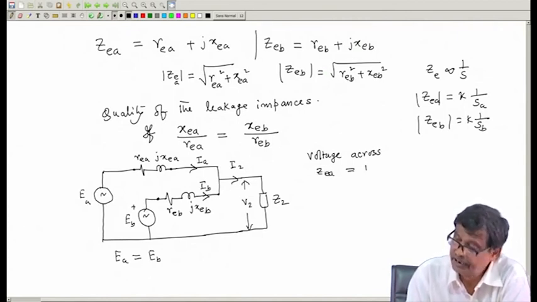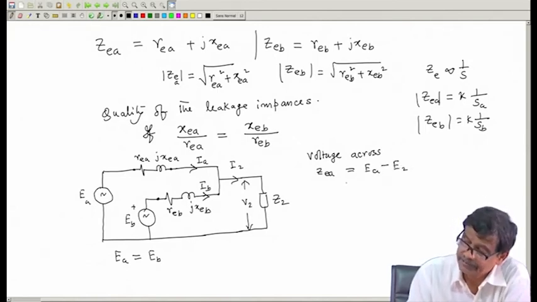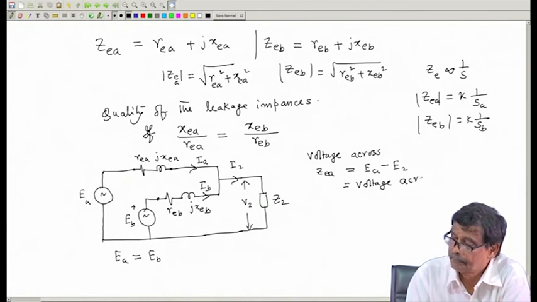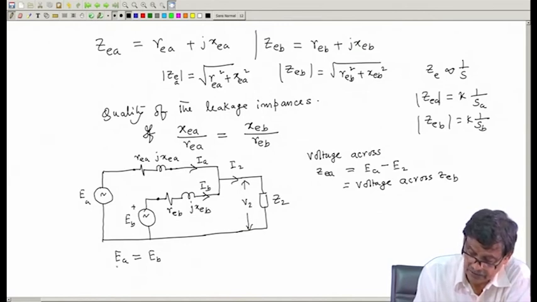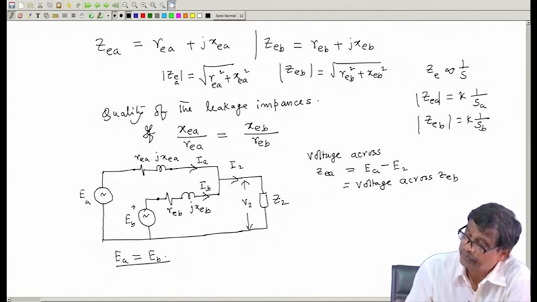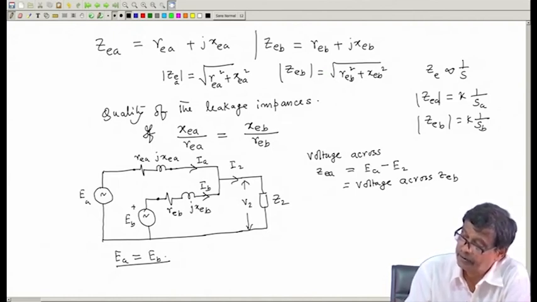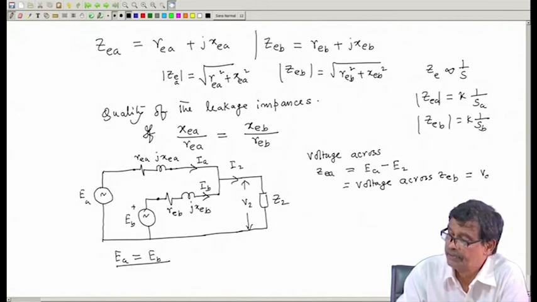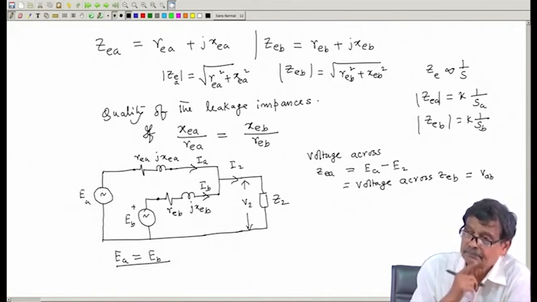It is equal to EA minus V2, which is the same as the voltage across JDB, because of the same V2 and EA equal to EB. So, the same voltage has come here. So, suppose the voltage across JDA and JDB are the same, let that voltage be denoted by some voltage VAB.